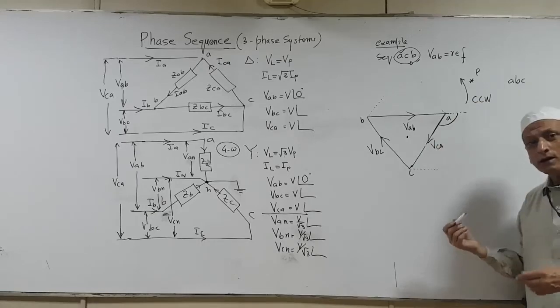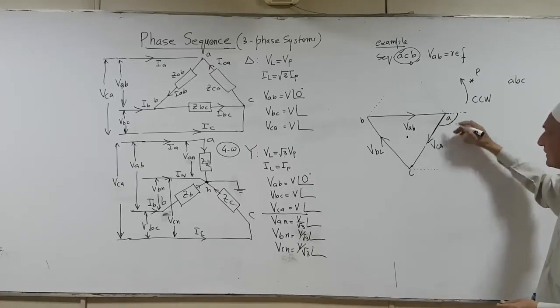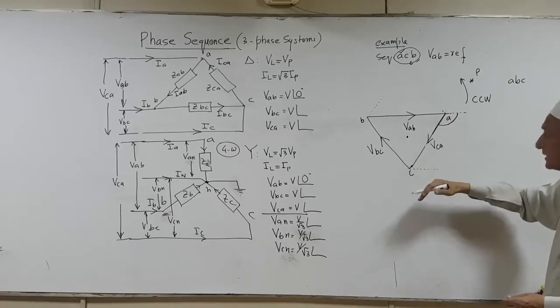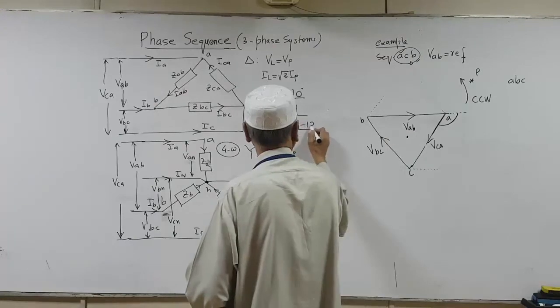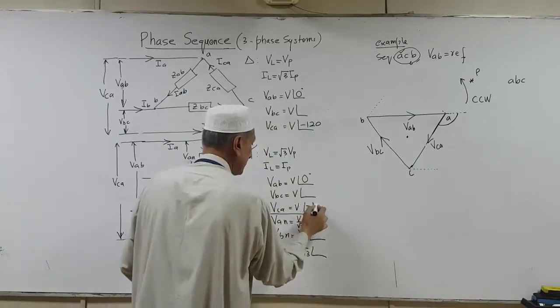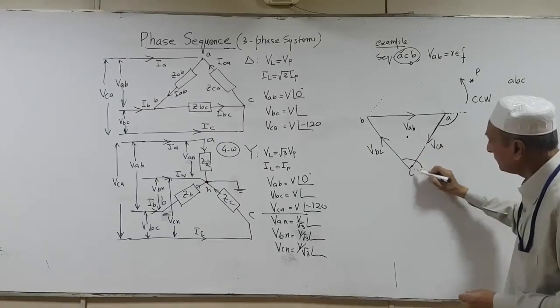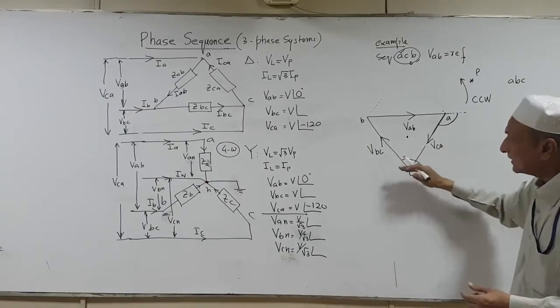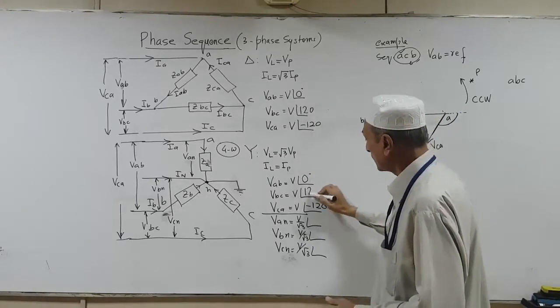If you work out the geometry of the equilateral triangle, this angle is in the negative sense, downward. So we have minus 120 with VCA. Now the angle for VBC, if you measure it, is plus 120.